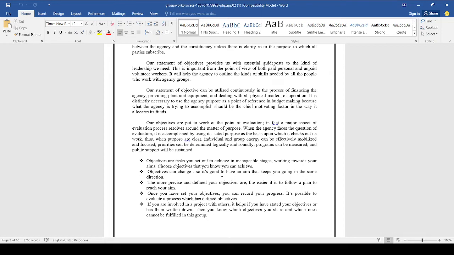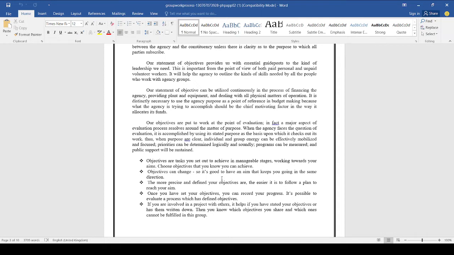As the group work process goes, these objectives can change. We should know about the goal, so we should know about the objectives. So it's good to have an aim, that means a clear goal that keeps you going in the same direction.